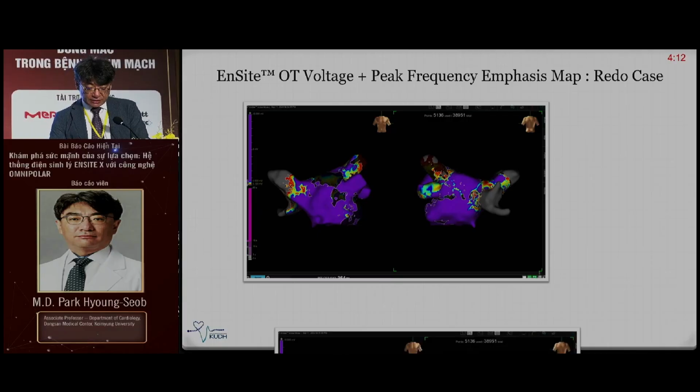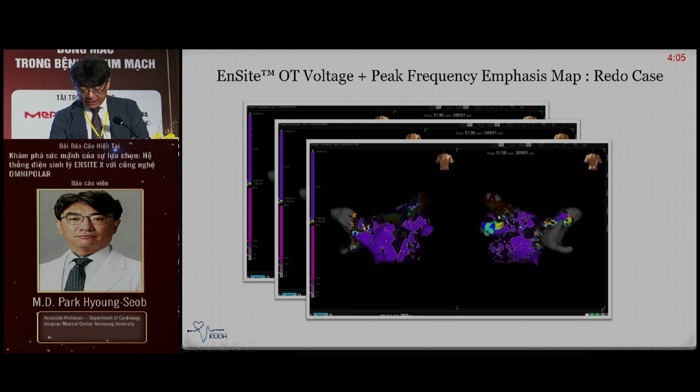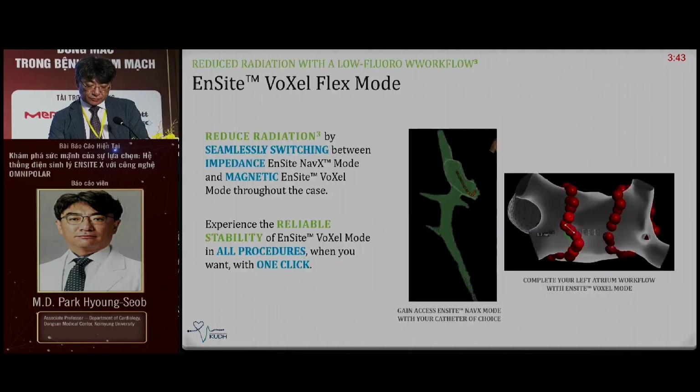So we can adjust the peak frequency like that, and you can see the area that remains after adjusting the frequency level. So this area is near field high voltage area, even though the emphasis level was high. We think that this kind of area is a real conduction area after the PBI isolation.